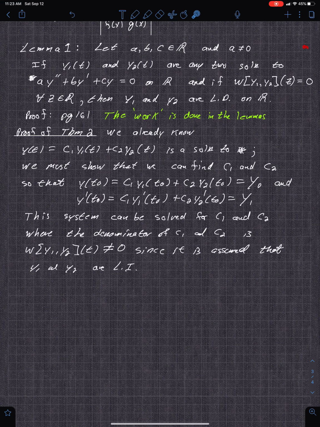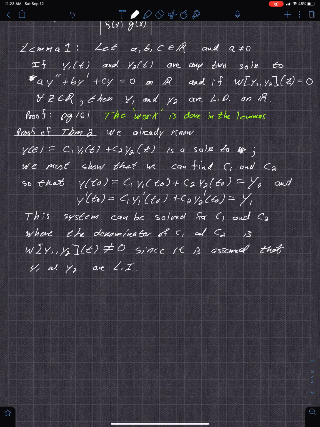You have this lemma that says if the Wronskian is 0, then y1 and y2 are linearly dependent. The contrapositive of that is if y1 and y2 are linearly independent, meaning not linearly dependent, then it's the negation of W equals 0. So then the Wronskian of y1, y2 cannot equal 0. Okay, so that's really the key.